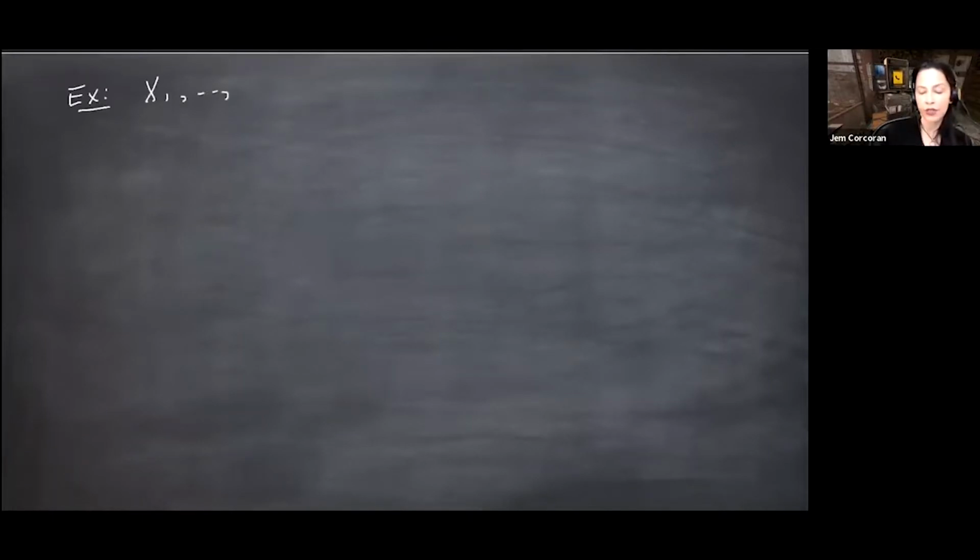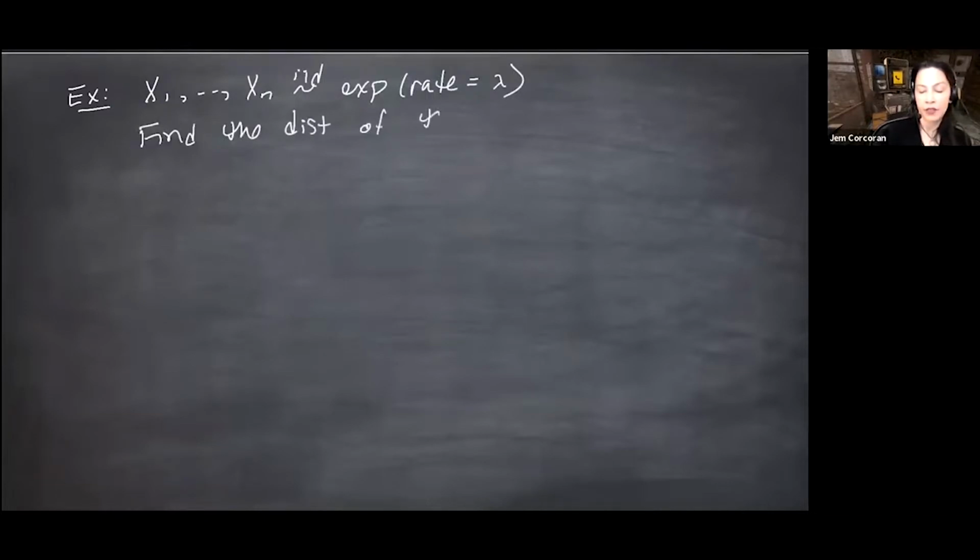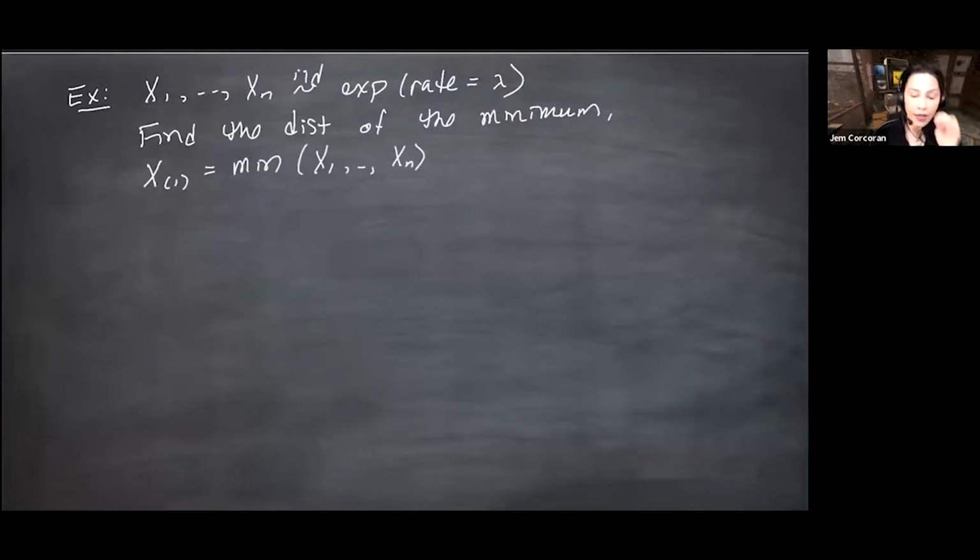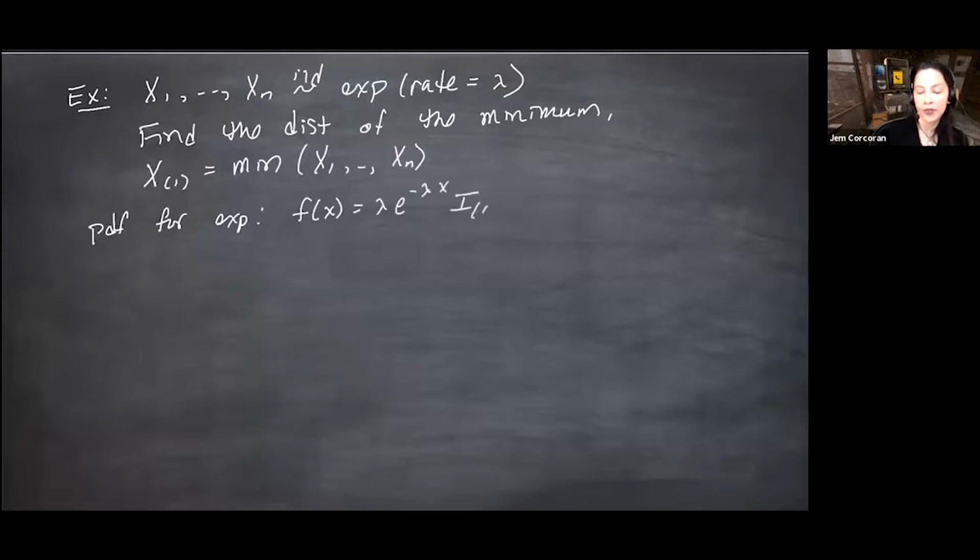So I have X1 through Xn, IID, exponential with rate lambda, and let's find the distribution of the minimum, which we've just decided to call X sub 1 in parentheses. Okay, so remember the PDF for the exponential is f of x equals lambda e to the minus lambda x on 0 to infinity.